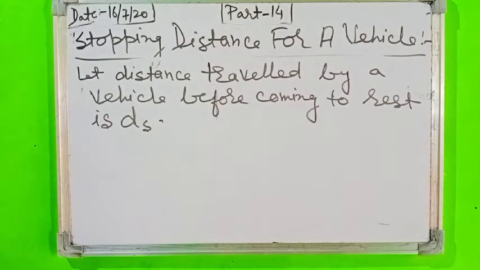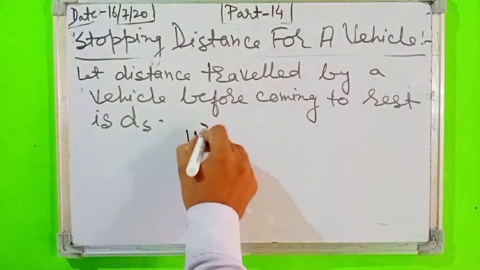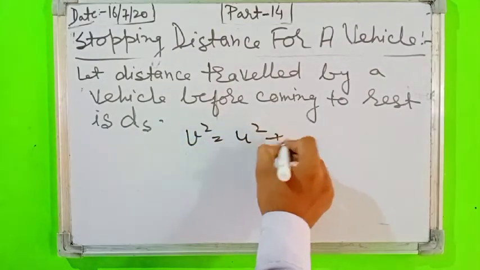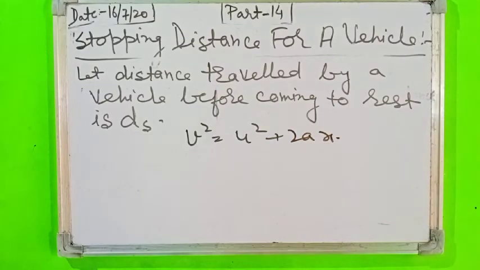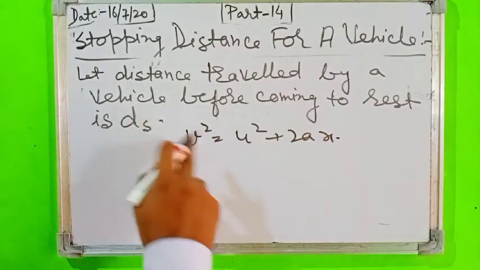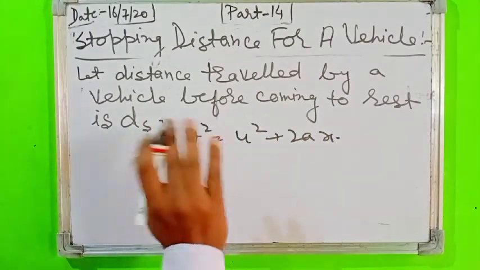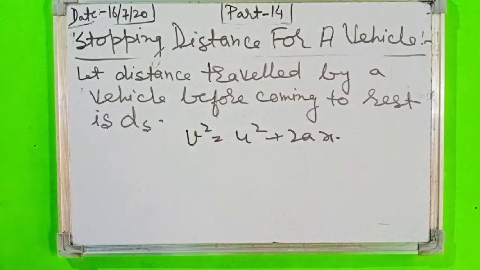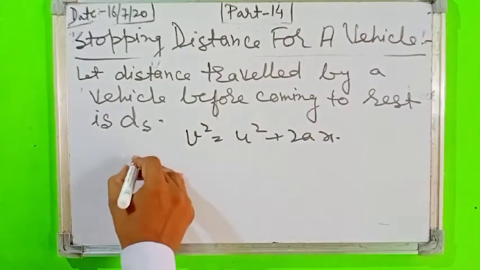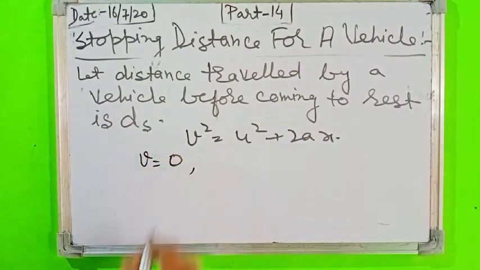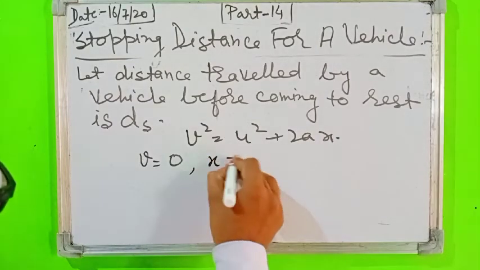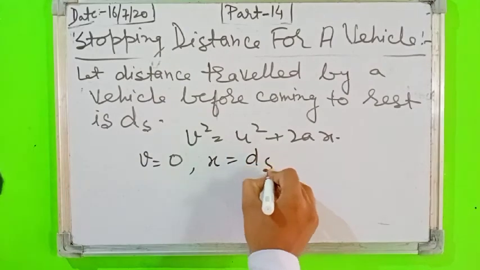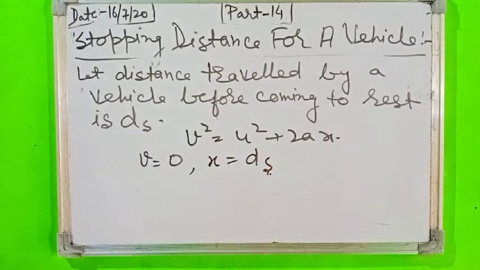So using the equation v square is equal to u square plus 2ax, since finally the vehicle is coming to rest, the final velocity v is equal to 0, and we supposed that it traveled a distance of ds, so x is equal to ds.